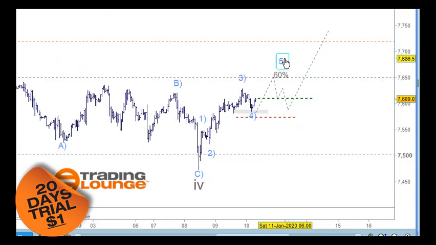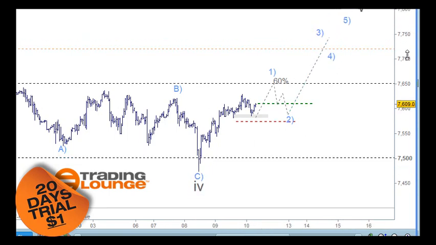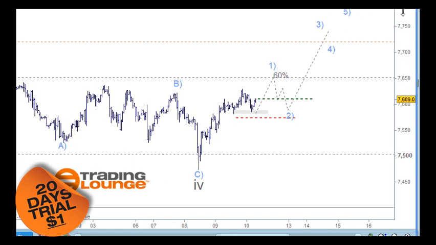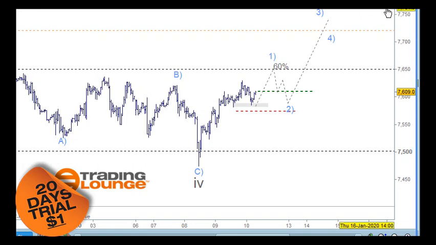So we are looking at 5 waves there, but I'm thinking that wave 1 and 2 here, and 3 and 4 here. So from 4 to 5 here, that's what we're looking at.